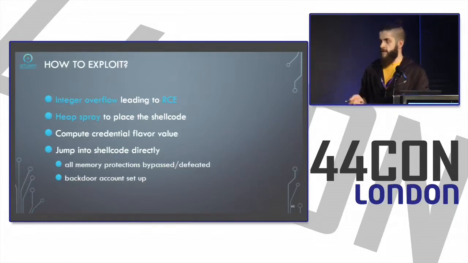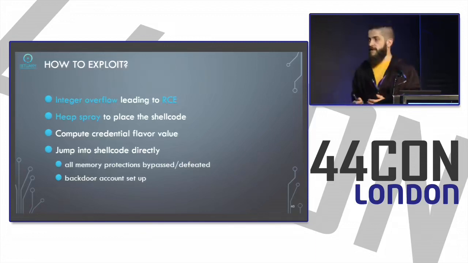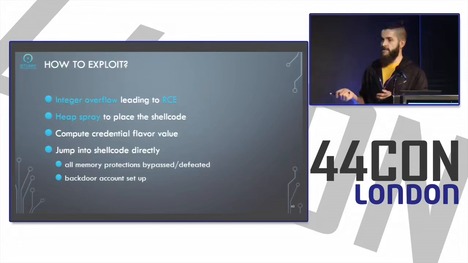Then when the heap spray is done, we have to compute the credential flavor value so that when the authenticate function reads this value, it will jump inside the memory area where there is a pointer to the address of an area within where our shellcode has been sprayed.